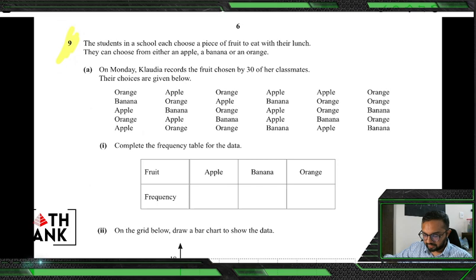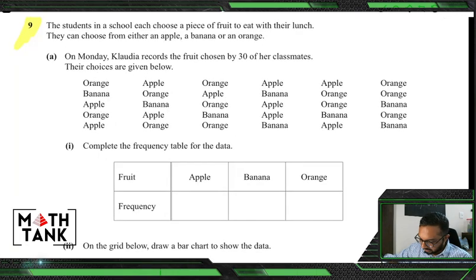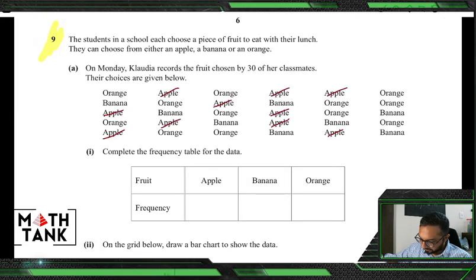So it says complete the frequency table. Whenever you're counting things like that, it's best to cancel out the ones that you've counted so that you don't forget what you've counted and what you've not counted. So 1, 2, 3, 4, 5, 6, 7, 8, 9, 10. Okay, so that's 10.